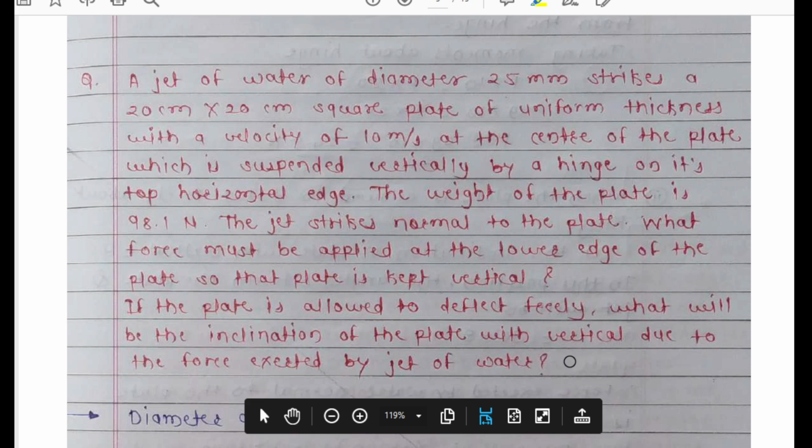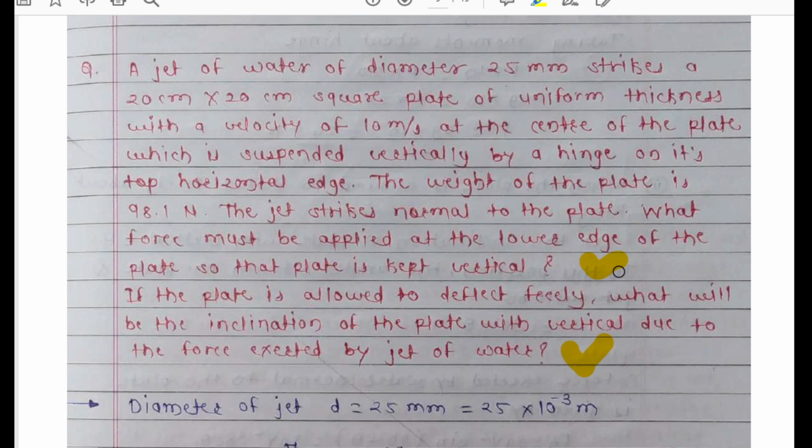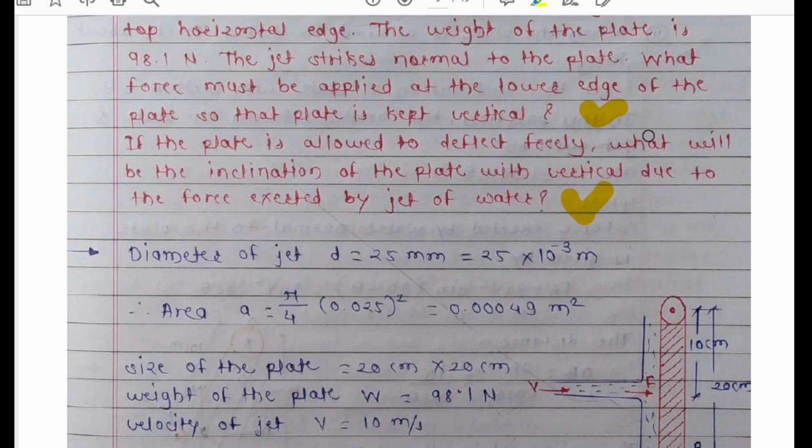That means here we have to find out sin theta, and here we have to find the value of the external force which has to act on the lower edge of the plate. Of these two conditions, the second is easier, so we can first find the angle of swing, or we can find the force P first. So let's find the value of P.